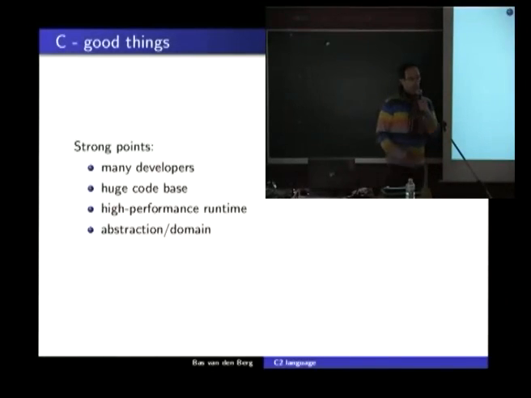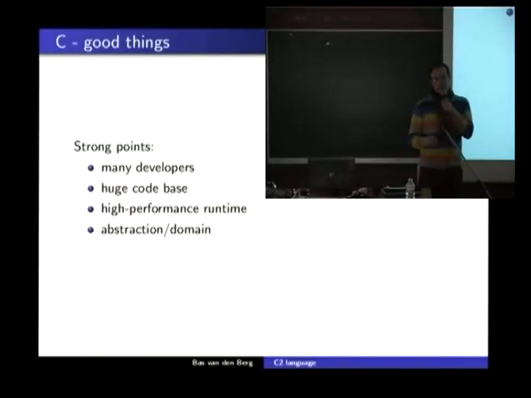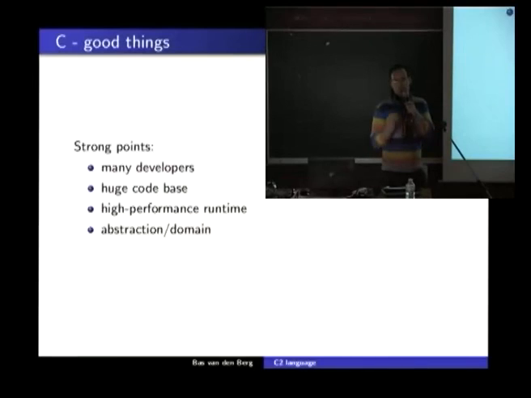And for me, the most important, the abstraction domain is very nice. It's very good at what it does. There are lots of other languages that do other things for generating websites or applications or widgets. But for some things, C is still unbeaten, like kernels, drivers, low-level stuff. And I really wanted to keep that.